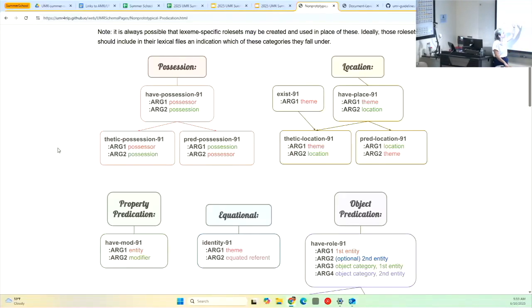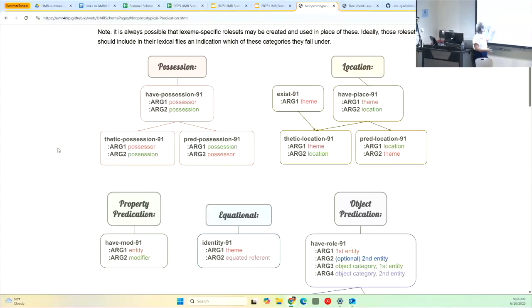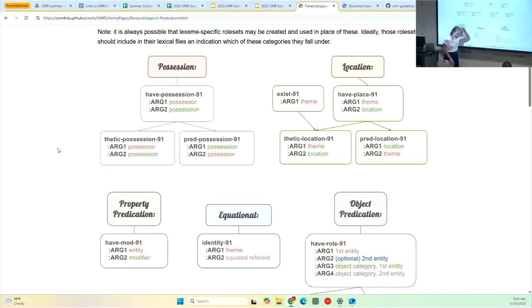So possession, location, property predication, so that's property modifiers, properties. Equational relationships, and then object predication, which I think is a really tricky category and a tricky name. It ends up feeling like a syntactic distinction.